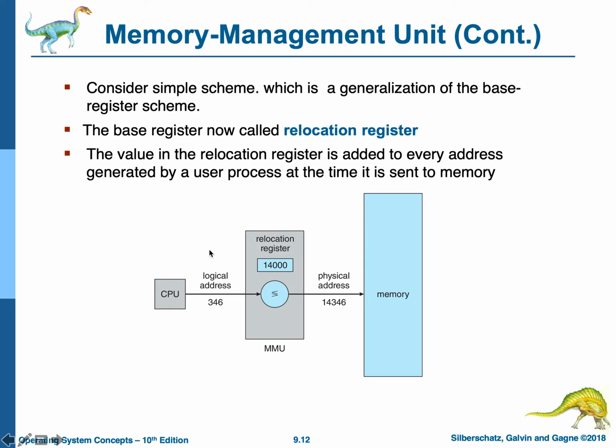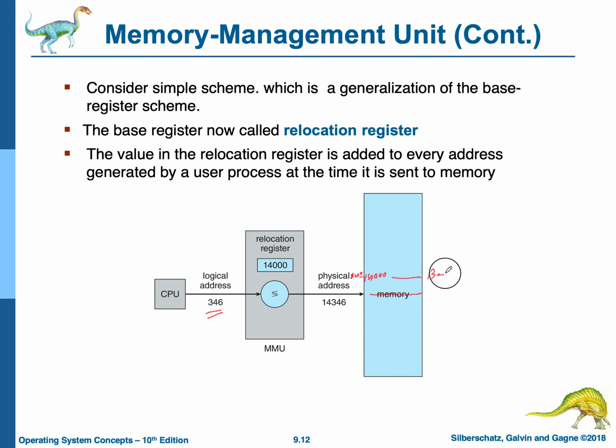The basic concept of memory management is shown here, where suppose a logical address is 346, while the relocation register, which means the base location, is 14,000. This is the base location and this is the limit location.